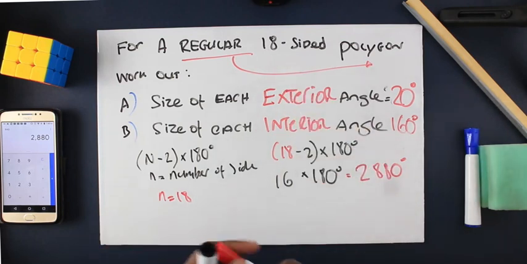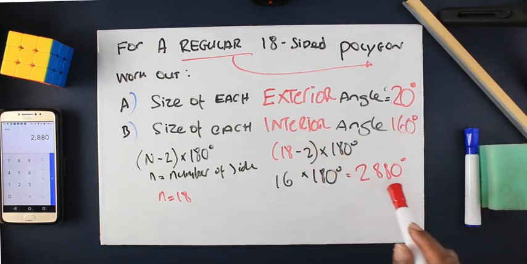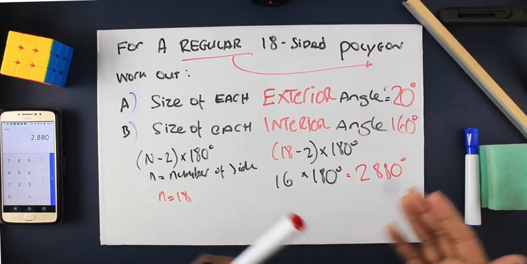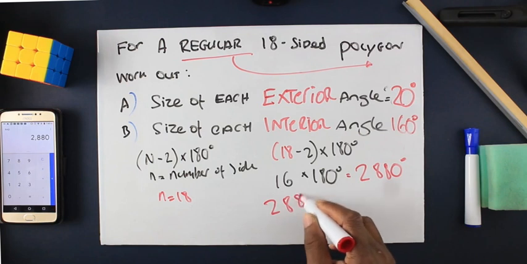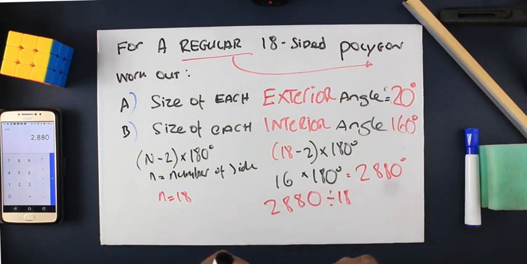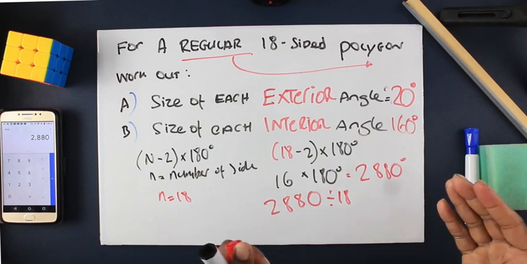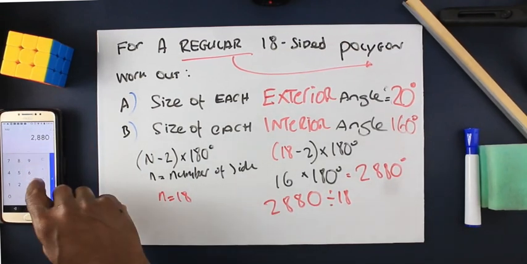There are 18 angles. So that means the entire sum of internal angles must be made up of 18 equal angles. If we divide this by 18, 2,880 divided by 18, it will give us the size of each internal angle. Let's do that.